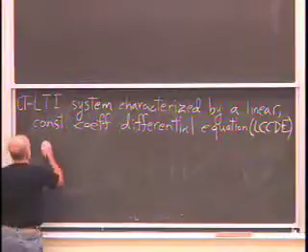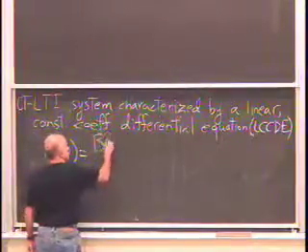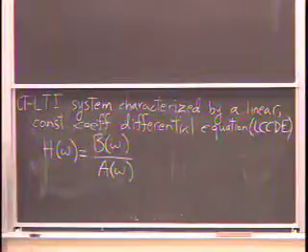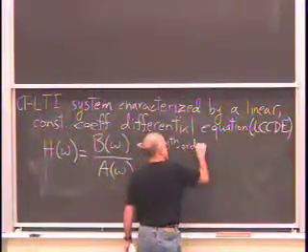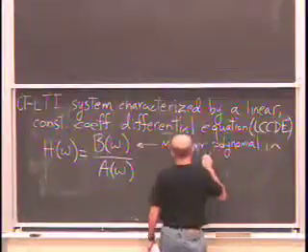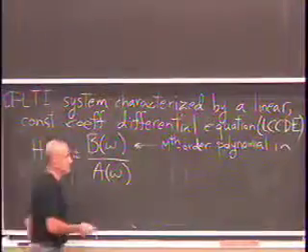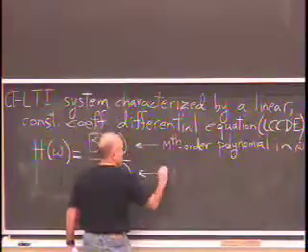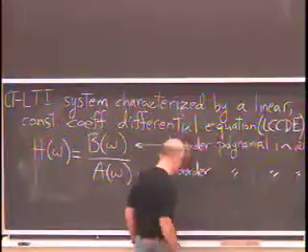So H of omega will be a polynomial B over A. This will be in general an nth order polynomial in I omega, and this will be an nth order polynomial in I omega.